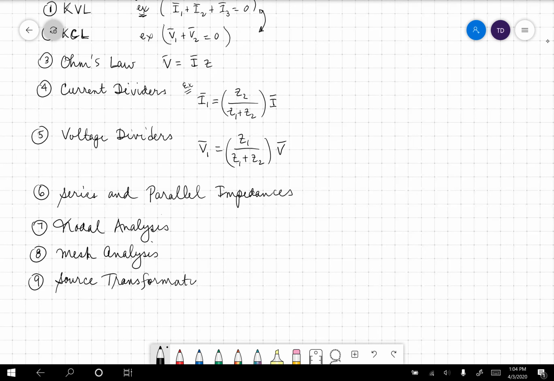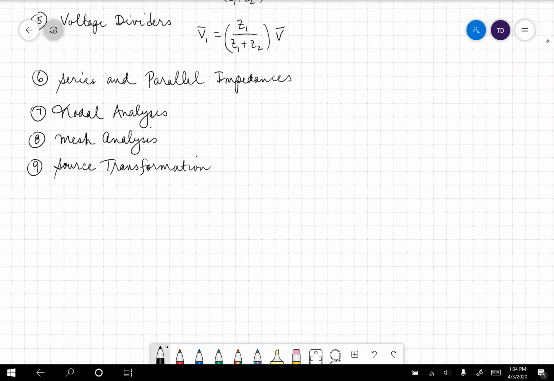Some textbooks go through and prove that all of these are still valid. I'm just telling you, you're not going to be really interested in the proofs. So source transformation works. Series and parallel sources. Whatever was true with the voltage and current sources that we've seen before is still true now.